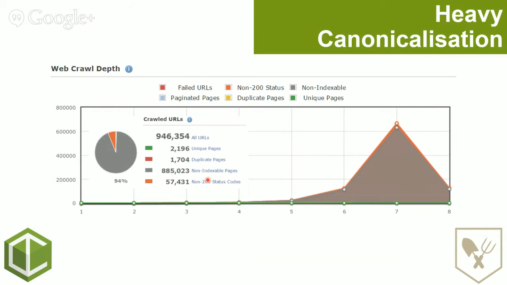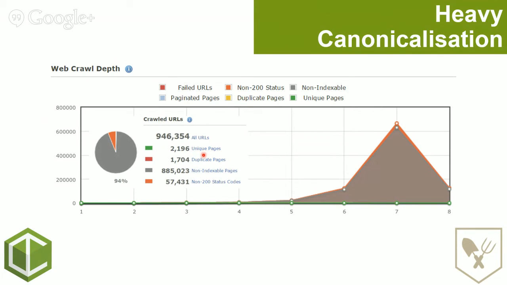Another issue you can see very clearly in DeepCrawl is what we call heavy canonicalisation. You provide a lot of links to pages which are not indexable, and they're canonical to different pages, which Alec showed some examples of before. And you can see the results of it. DeepCrawl crawled almost 1 million URLs for this particular website, and just 2,000 of them were unique.